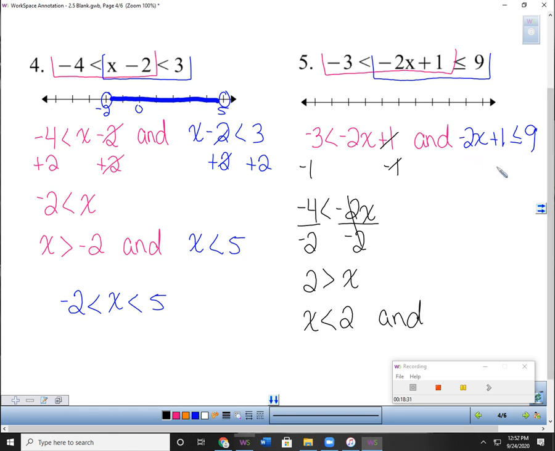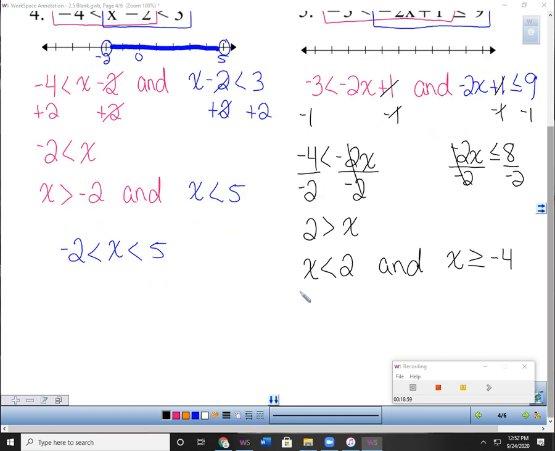Same process over here. I'm going to subtract the 1. So I have negative 2x is less than or equal to 8. Divide by that negative 2. So I have x is, got to flip this because we divided by a negative, greater than or equal to negative 4. When we have an "and" statement, though, we're not going to leave it like this.